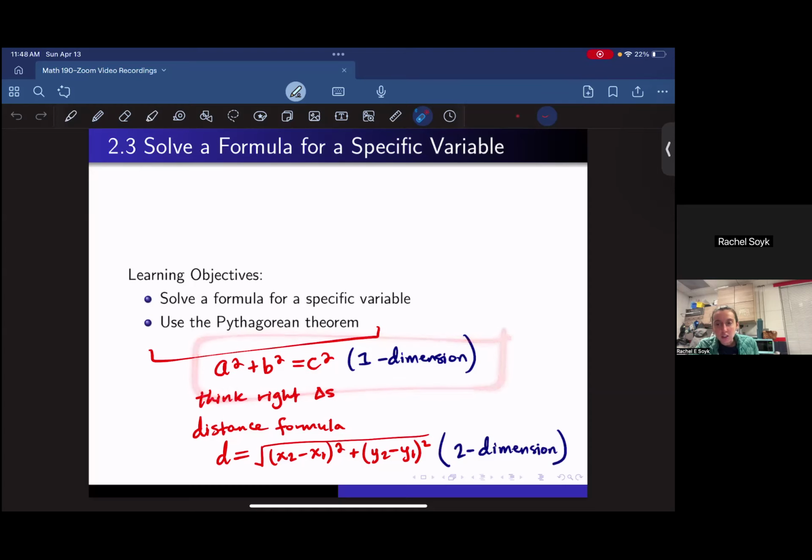Again, one dimension, just think of lengths, number line. Whereas two dimension, you have a coordinate plane, an x-axis and a y-axis.